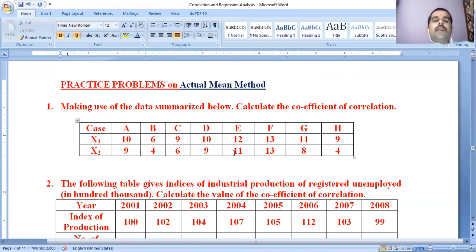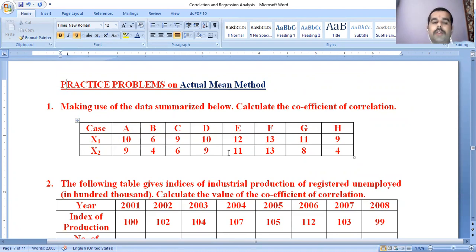Based on the averages you have to decide whether this problem belongs to the assumed mean method or the actual mean method. If the arithmetic mean value, that is the x bar value, which we call the average, comes out as a single or double-digit number, not a fraction, for either x or y.